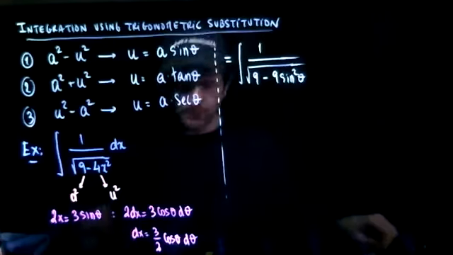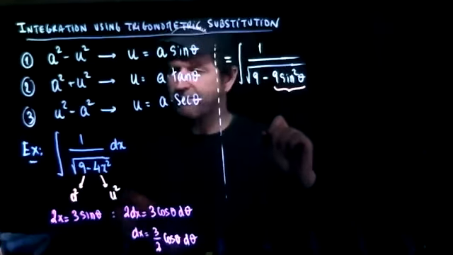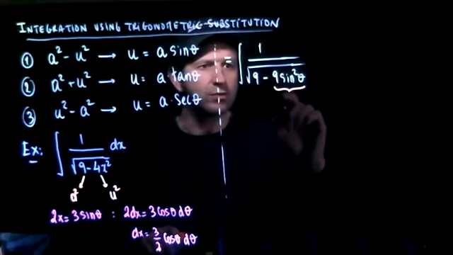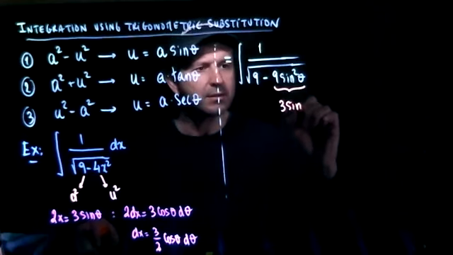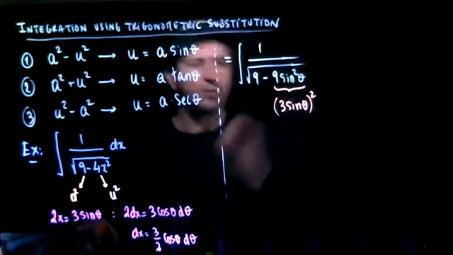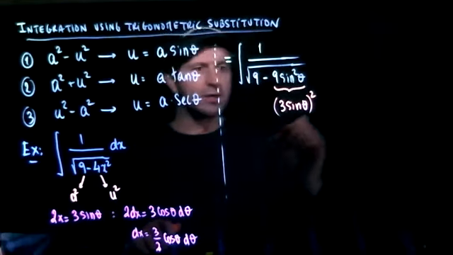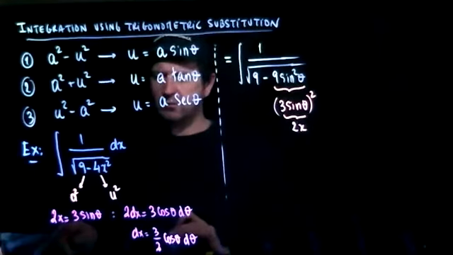So this here is 2x, so it's 3 sine theta squared, because we said it was 2x.